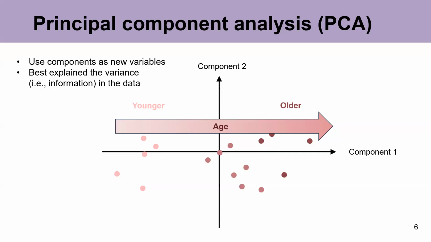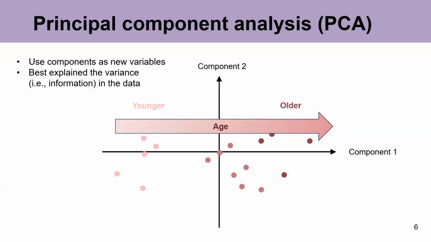Usually when you include age as one of the variables, you will find the first component is just age. And sometimes that wouldn't be very helpful, right? So you're saying you don't generally put demographics in the analysis?